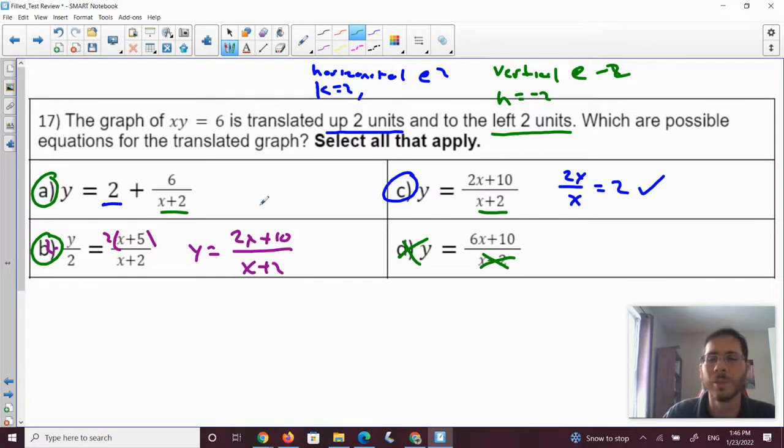So we're going to pick B because we already picked C. But if you want, you could run through the whole process. 2x over x equals 2. Yes. X plus 2 is h is negative 2 or a vertical asymptote at negative 2. So that's 17. Kind of fun. This one's kind of nifty that you get the little 2 down here.